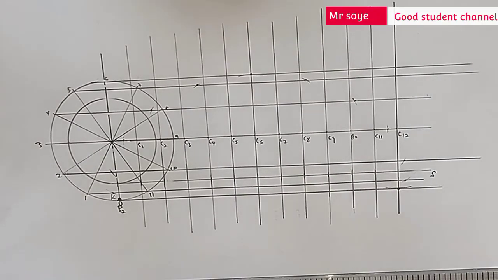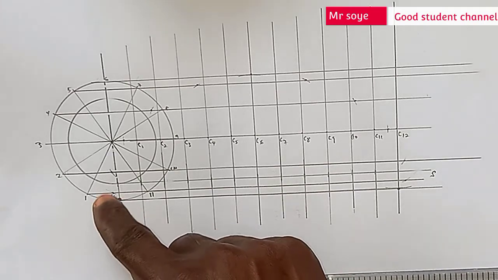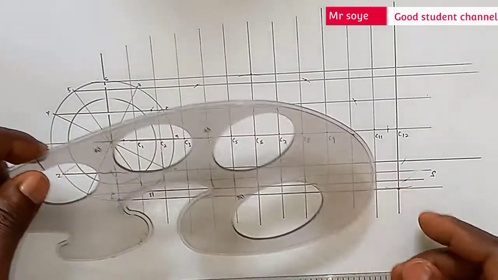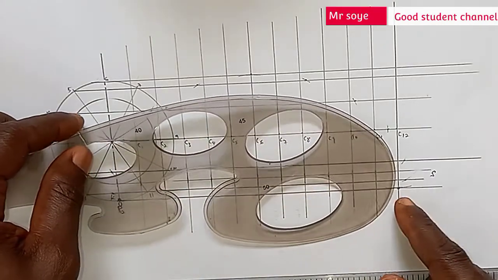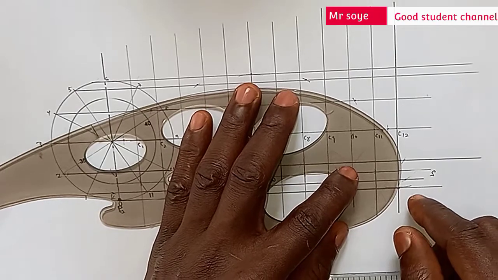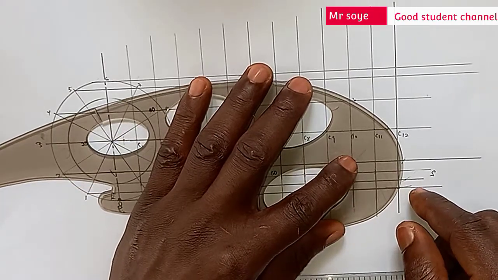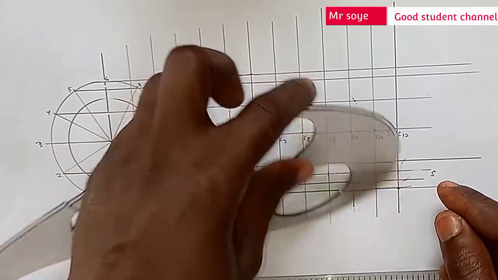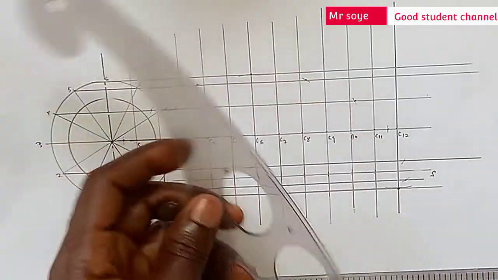For the particles of your erasers, also use your duster or you blow it away. All right, so now to join these points using the French curve, set your French curve to at least 3 points.